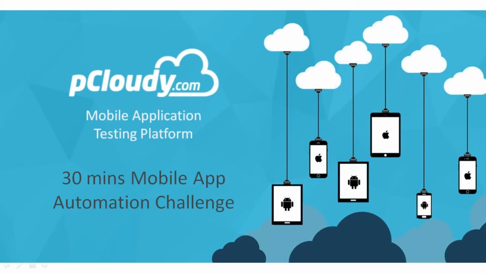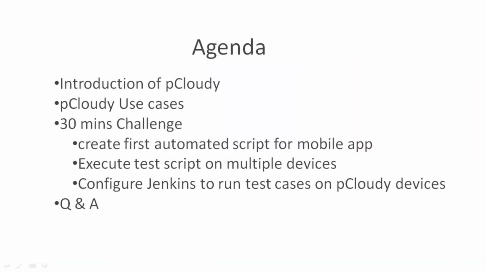So let's move on to the agenda for today's webinar. Today's agenda is we will quickly look into the introduction of pCloudy, and we will also see the pCloudy use cases. So where all pCloudy can be used in the product development lifecycle for any mobile applications.